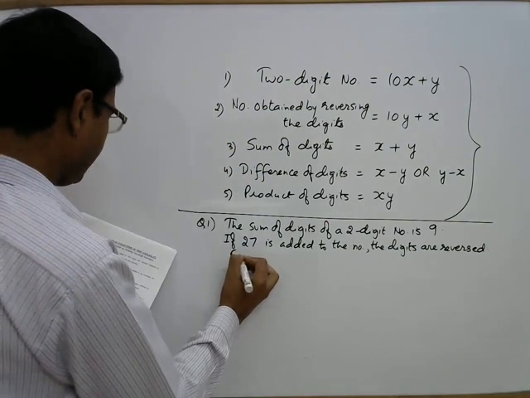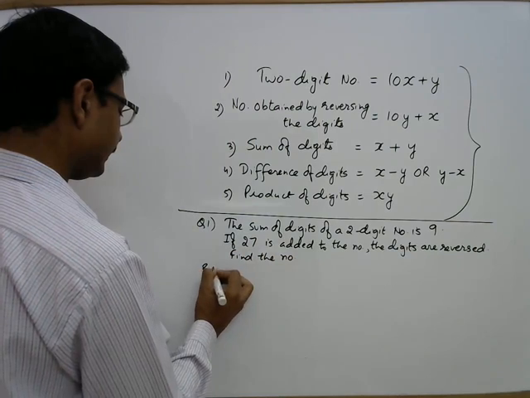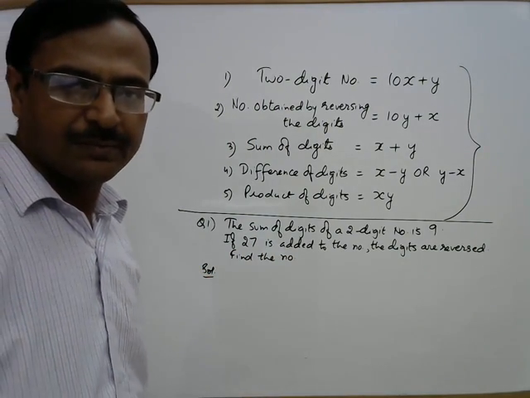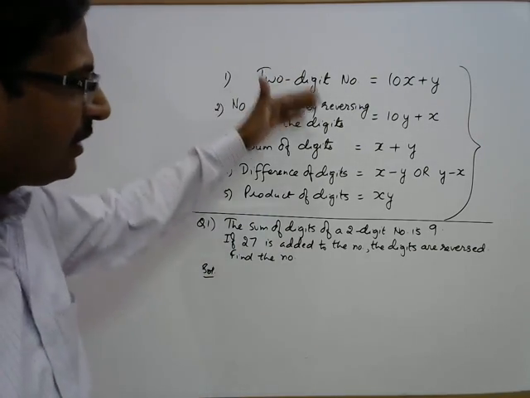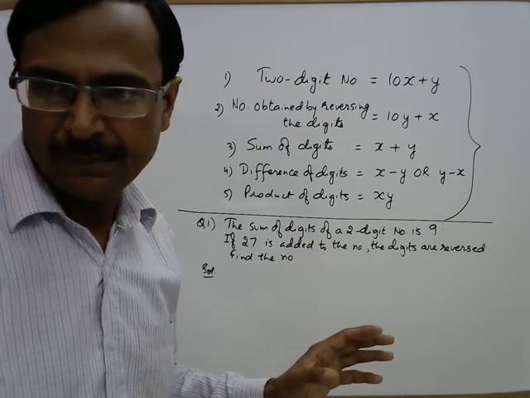So you need to find the number. A very important question and an easy question. If you have knowledge of the concept in hand, then I think this question will be very, very easy.